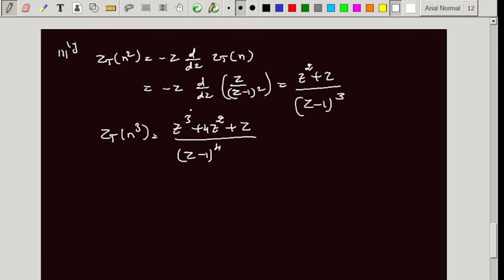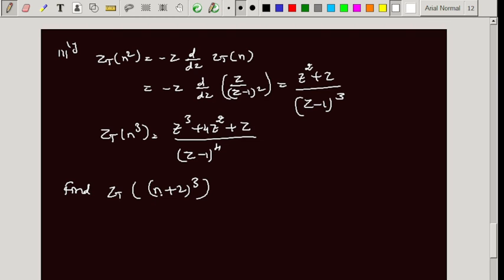So while solving problems, we must remember these things. Here we discuss some of the basic problems using these formulas. Find the z transform of n plus 2 whole power 3.